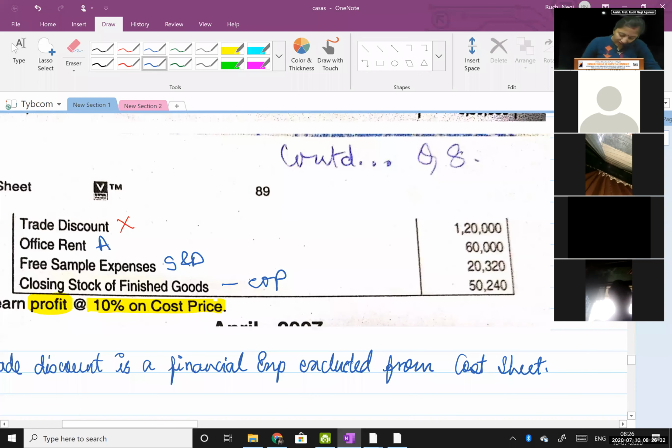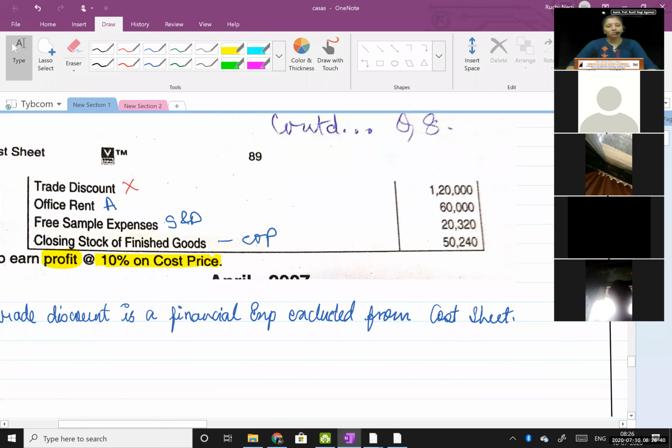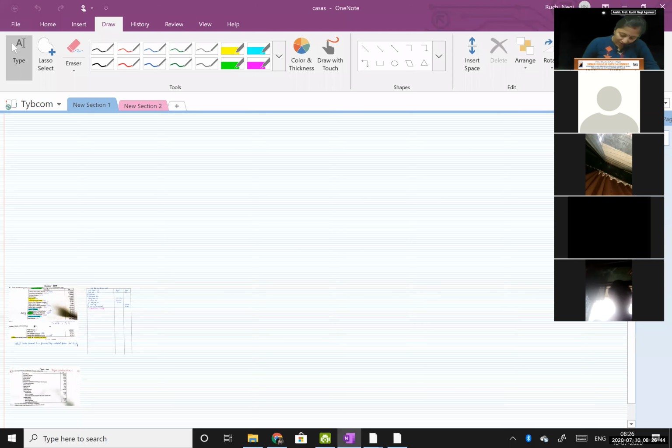You can even write, trade discount is a non-cost item excluded from cost sheet. Both the notes are the same. Either of the one you write.